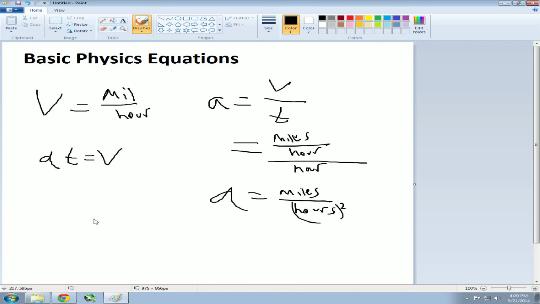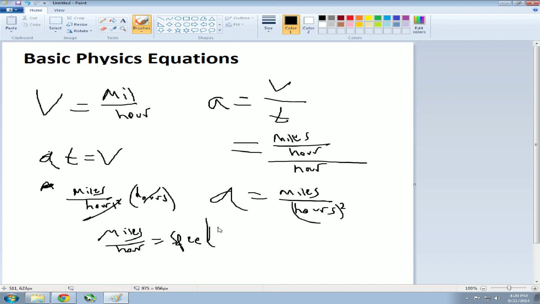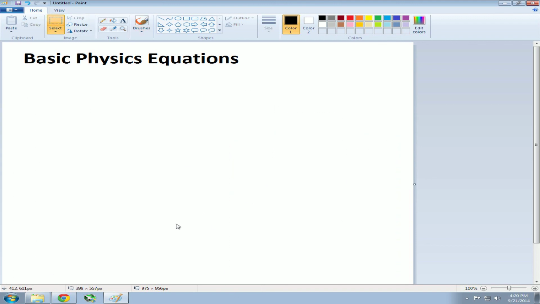So that miles per hour squared, because it's acceleration, times time, which is hours, right? Only one of the hours cancels, and you're left with miles per hour, which is the speed. This is a brief introduction into acceleration and velocity. So I have some more videos coming out.